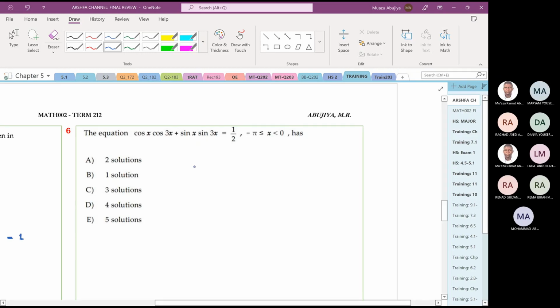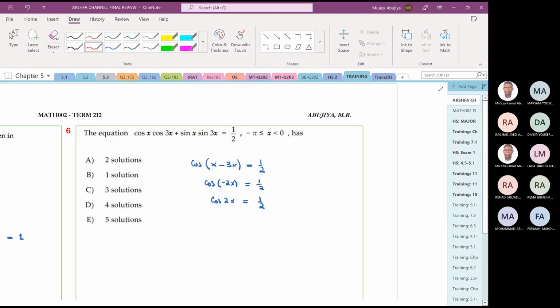So we can say this is going to be cosine of x minus the first one, and then this side will change to minus by the second one, 3x. And this is equal to 1/2. So you can see the beauty aspect of this. Now simplifying, we get here cosine of minus 2x to be equal to 1/2. We know cosine is an even function, so we can throw away the minus. So we can write it as cosine of 2x to be equal to 1/2.